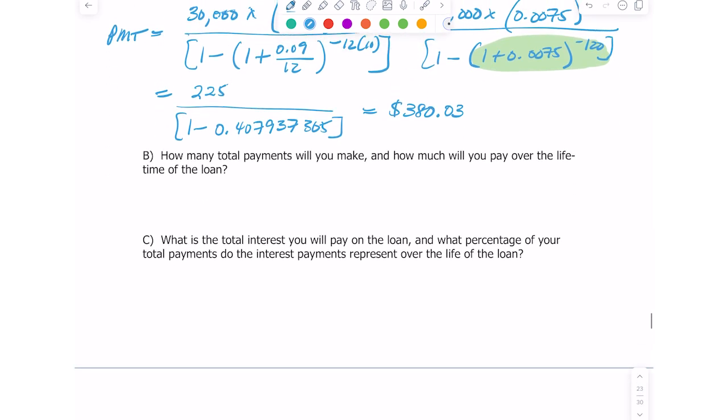Here we have how many total payments will you make and how much will you pay over the lifetime of the loan. Okay, so here we know that we have 120 months, right? 10 times 12, so monthly, 12 over 10 years. So we've got 120 months.